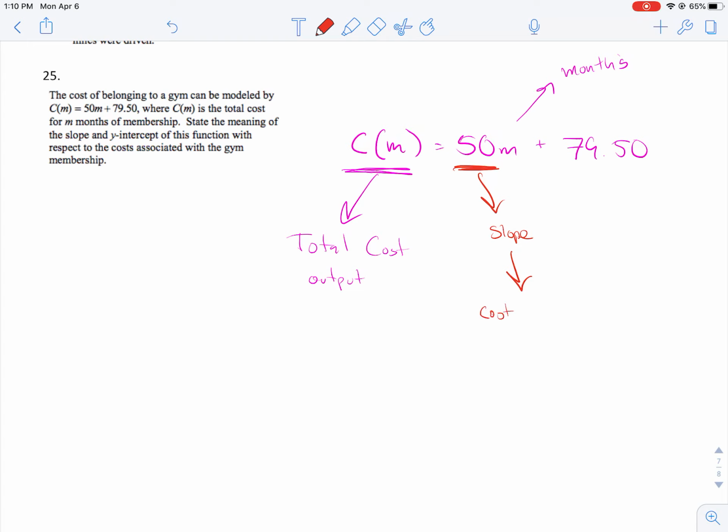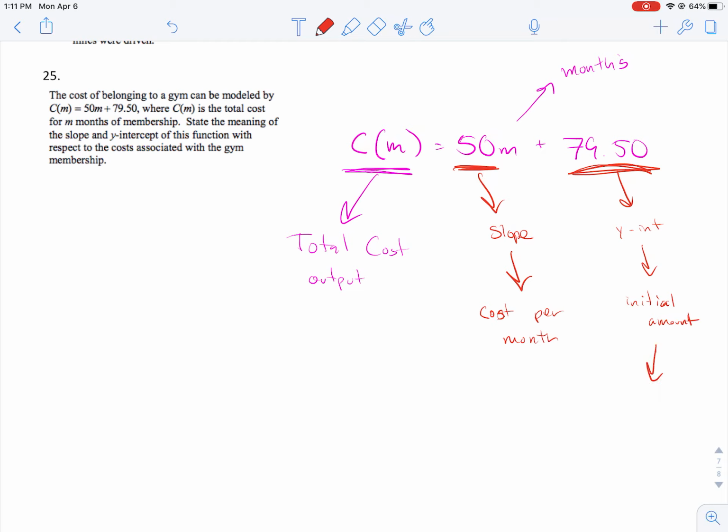Which means that the 50 is our slope, and our slope is the cost per month. Each month you have this membership, you have to pay $50. So it's $50 plus, this is like your initial amount.